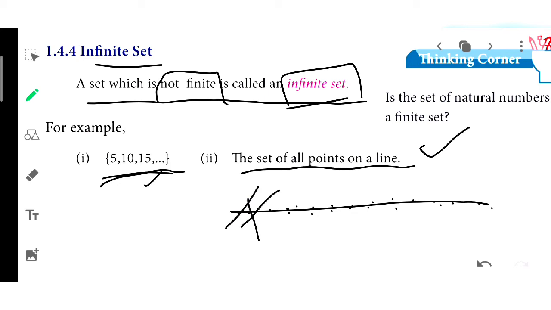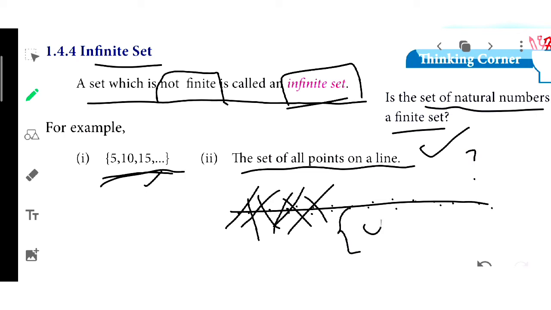In a line we can cross any of the points with any of the lines, which is also an infinite set. Okay students, is the set of natural numbers finite or not? In our natural numbers we have 0, 1, 2 etc. till infinity, and this is also an infinite set.